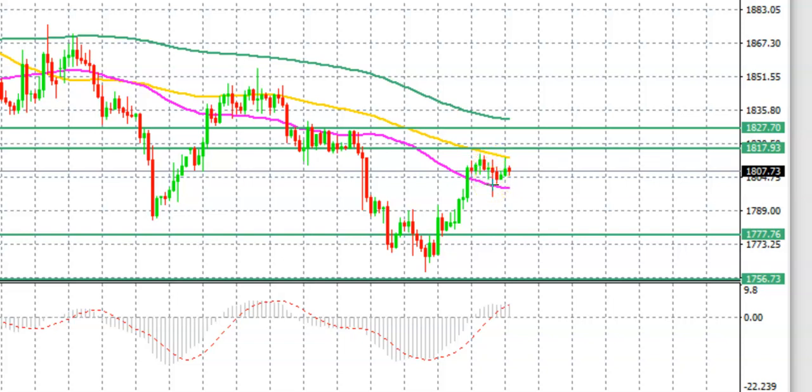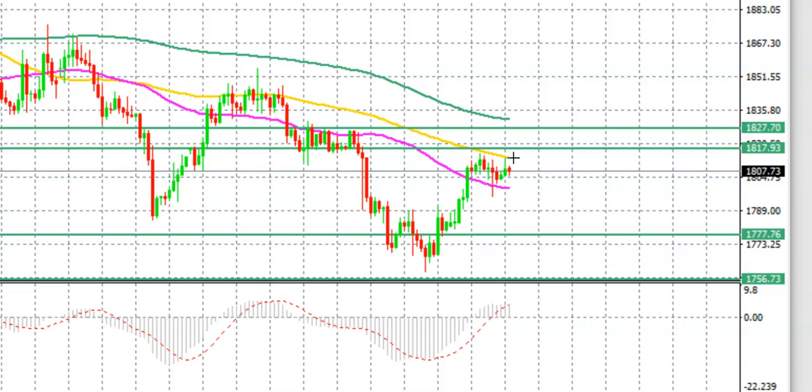The price briefly broke below the 50-day simple moving average and then quickly moved back above it. Once again, the price tested the 100-day simple moving average, as you can see over here, but again it failed to break above it.